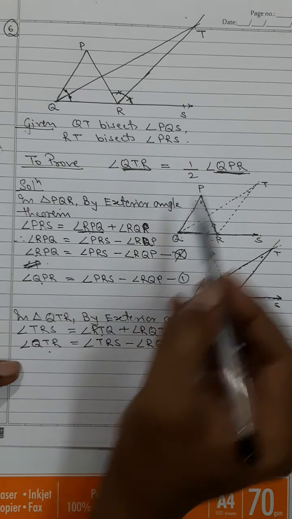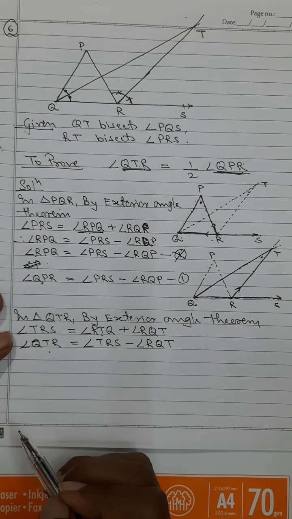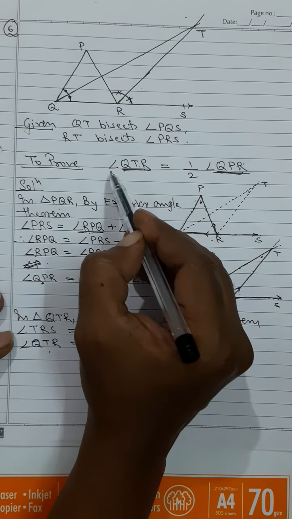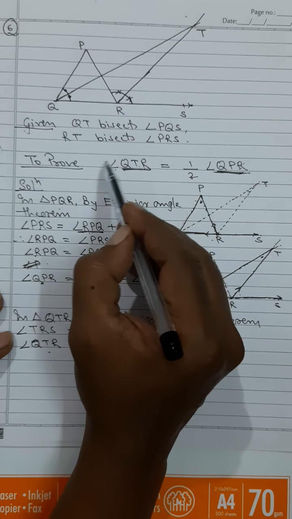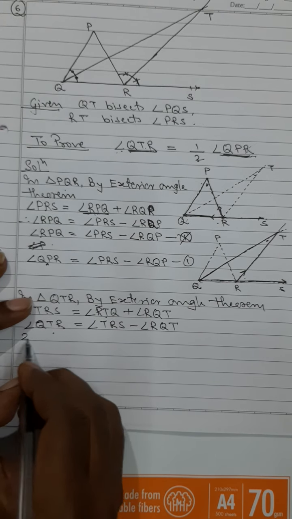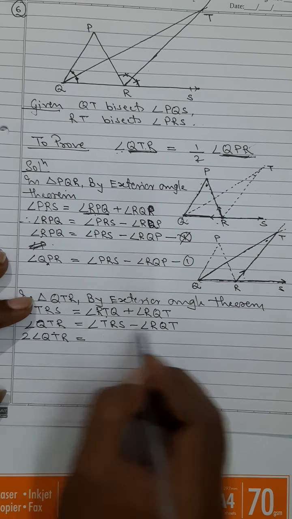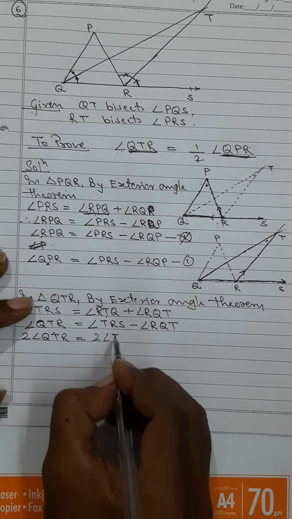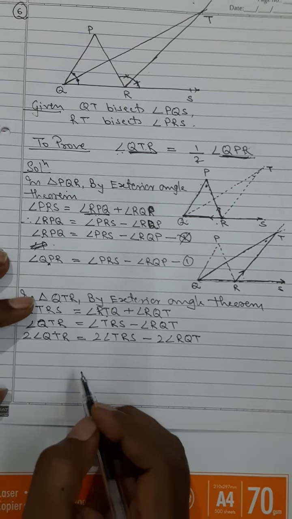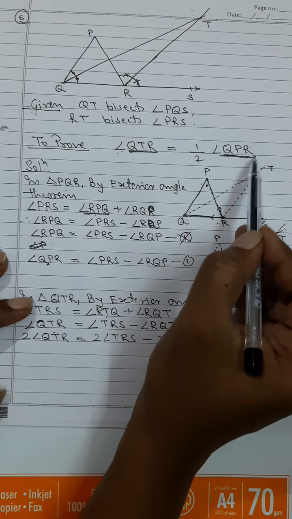Now I have got QTR, and I have got QPR. If I go to find half of angle QPR, you can do anything. Otherwise think that this 2 has come over here, so you will get 2 angle QTR. So I will multiply throughout by 2. Therefore 2 angle QTR is equal to 2 angle TRS minus 2 angle RQT. Why did I multiply throughout by 2? Because in the question it is half of angle QPR.